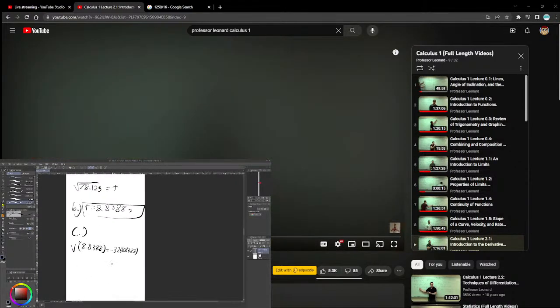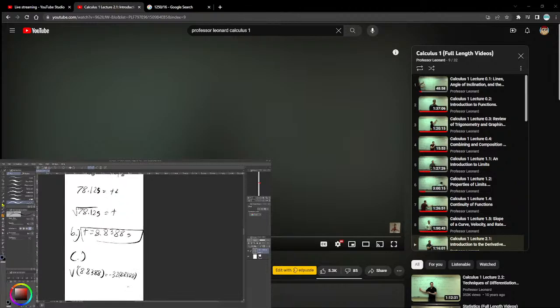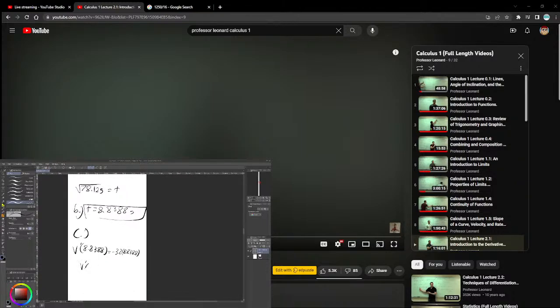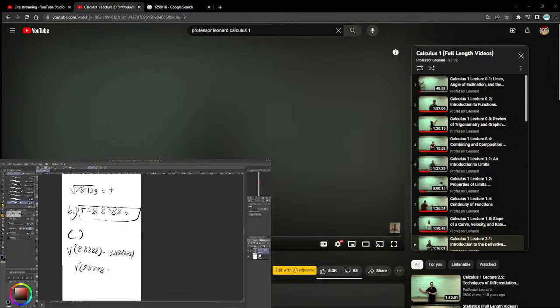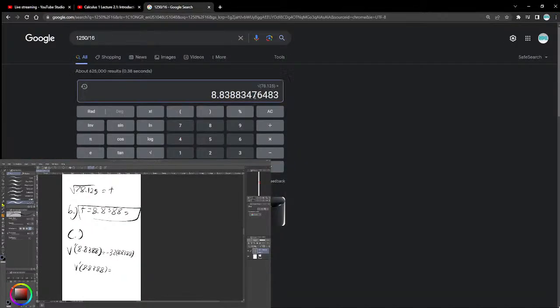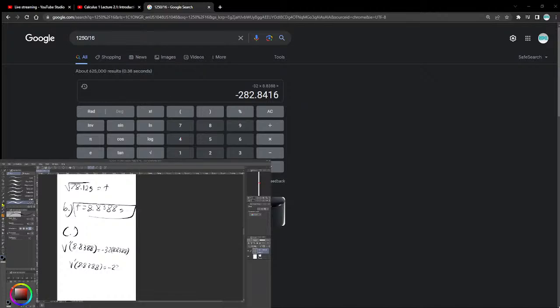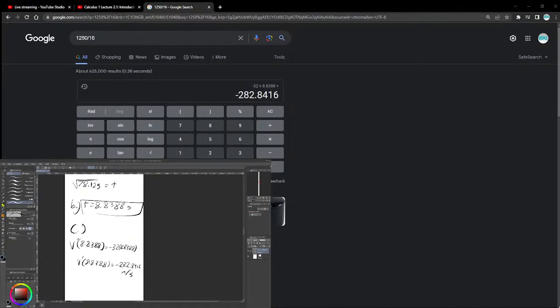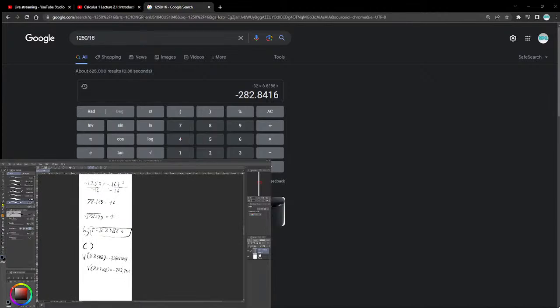And this would give the velocity for when it hits the ground. So yeah, this is good. Negative 282.8416 meters per second. Or this is in feet, so feet per second.